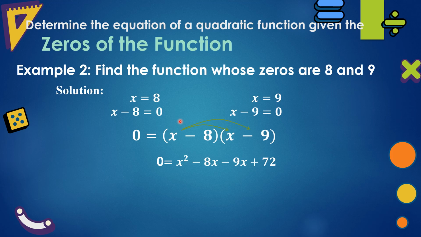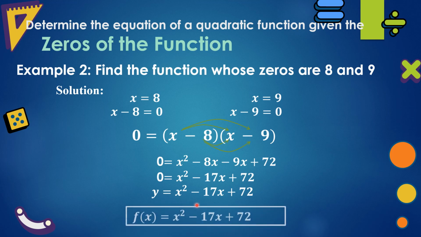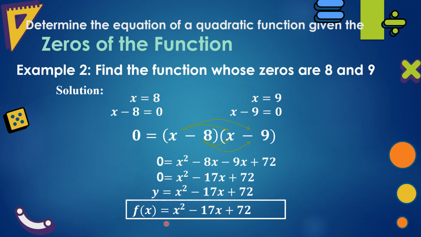X times -9, -9x. -8 times -9, positive 72. -8x plus -9x is -17x. So the equation is y is equal to x squared minus 17x plus 72. Or the function is f of x is equal to x squared minus 17x plus 72.